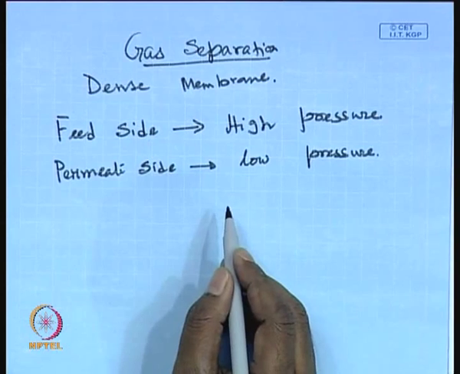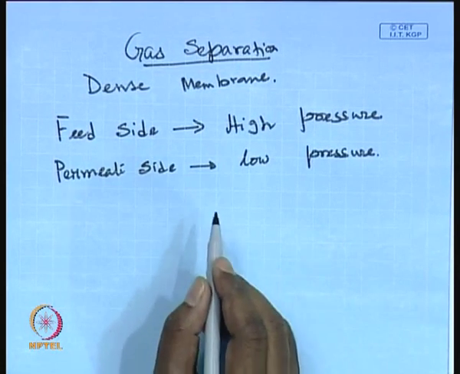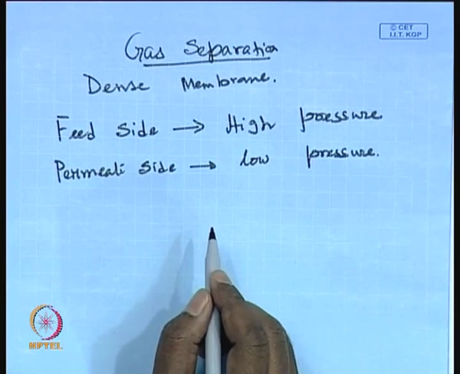So, there will be a tremendous pressure gradient, or delta P, across the membrane, and the species that is permeable through the membrane gets transported from the feed side to the permeate side. Another characteristic is that the gaseous species definitely have a high diffusivity compared to the solute diffusivity in a liquid stream.